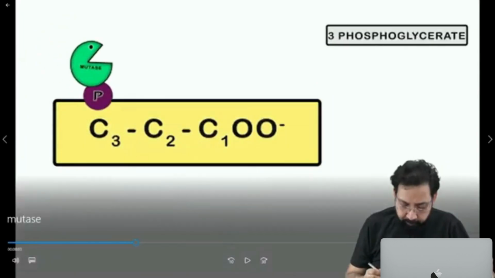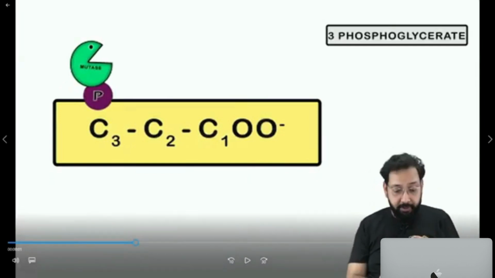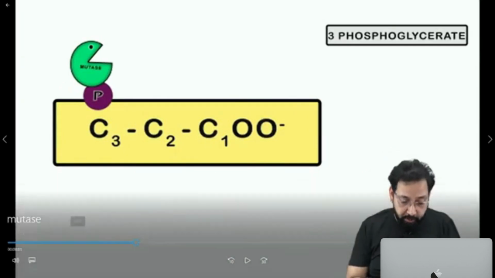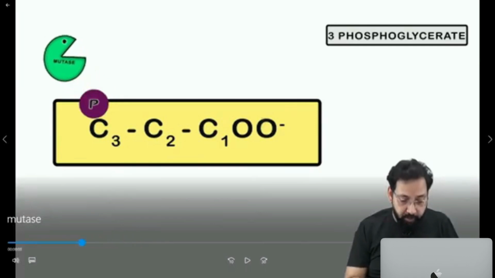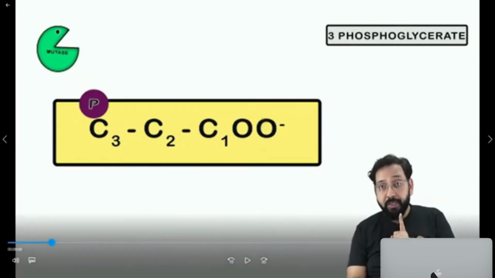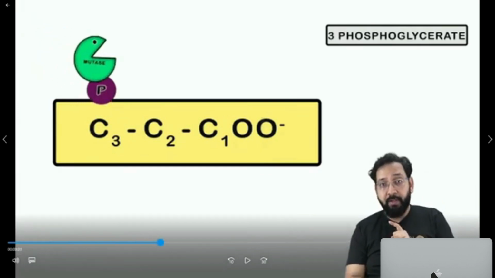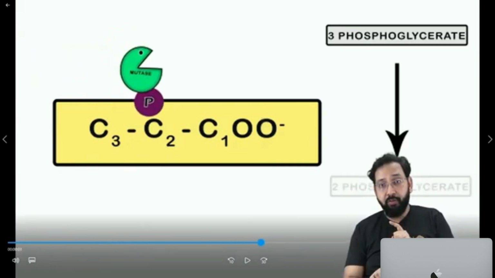Suppose this is 3-phosphoglycerate; the phosphate is present at the third position. Now mutase came. It took this phosphate and transferred it to C2.